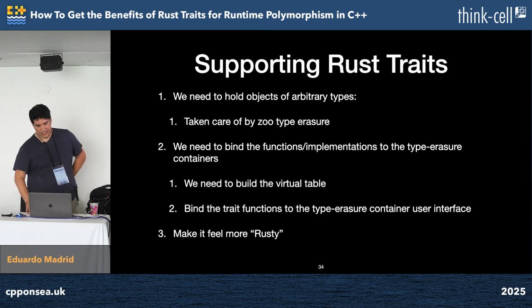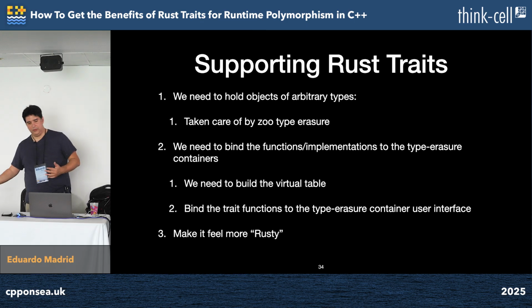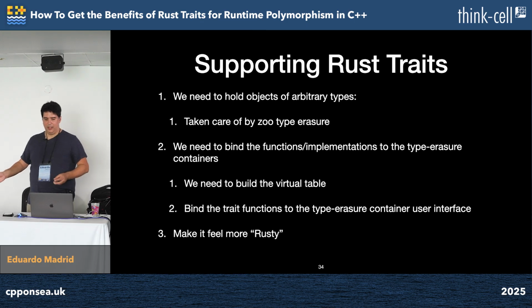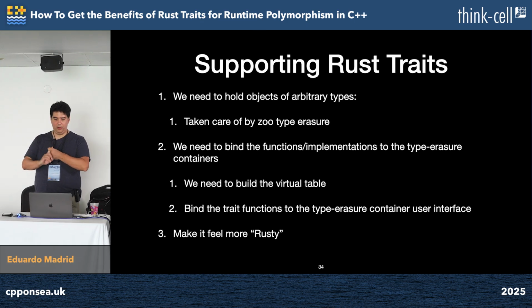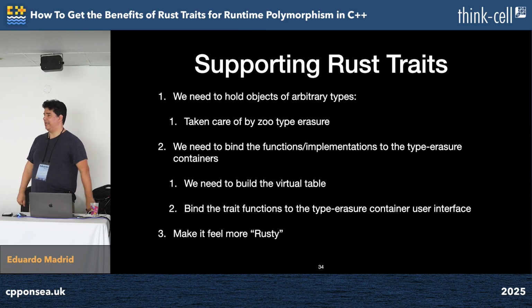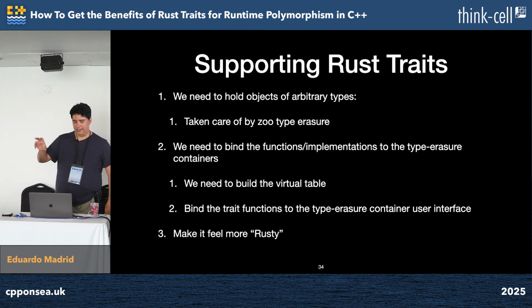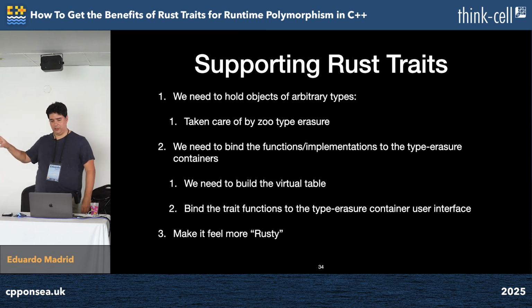Okay. So again, what is it that we need to do to support cross traits? We need to hold objects of arbitrary types. We need to have control of them, the ownership of them, right? That is what we need type erasure for. And then we need to bind the function implementations to the type erasure containers.